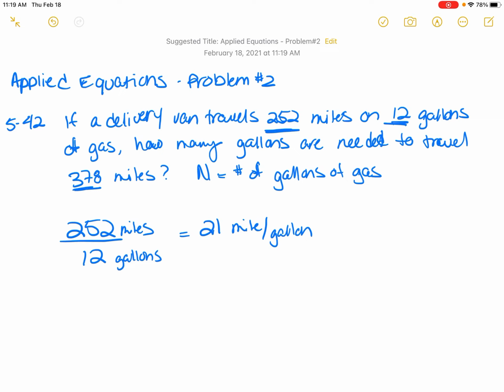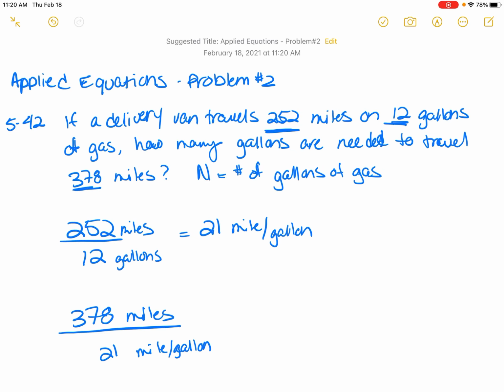right? And then if they're asking me how many gallons it will take to go 378 miles, so 378 miles divided by 21 miles per gallon, right?